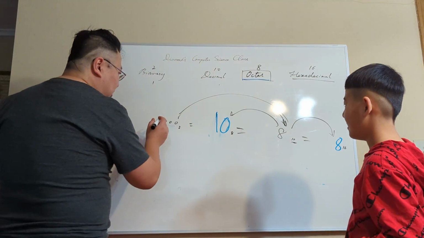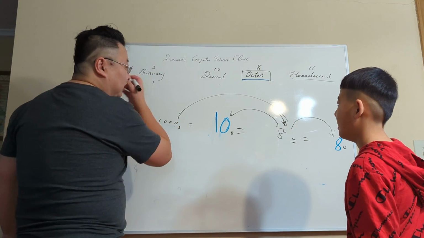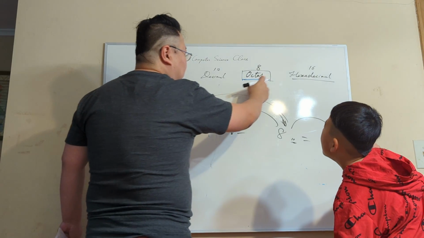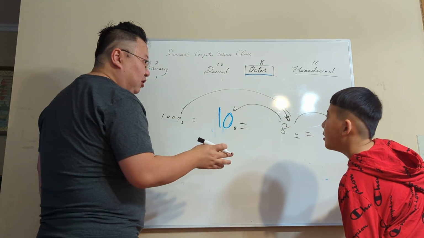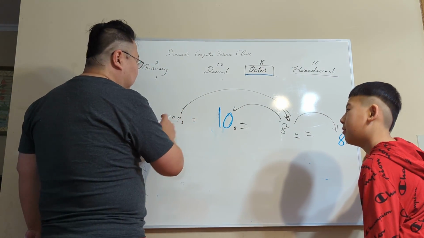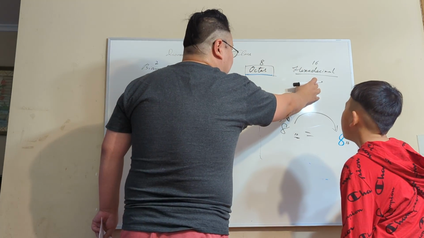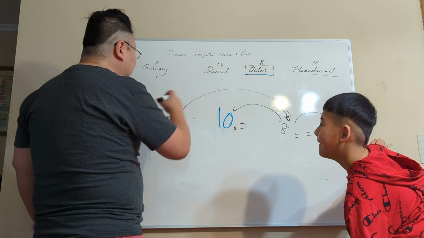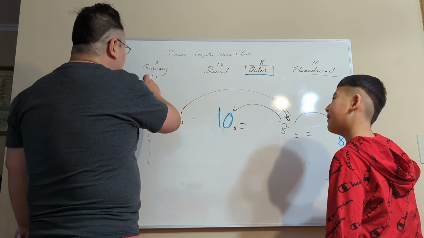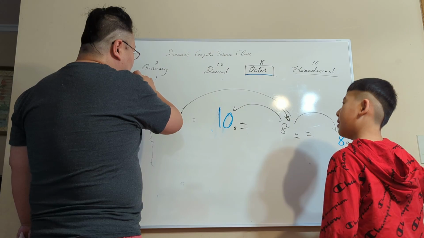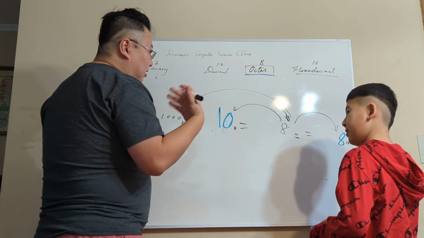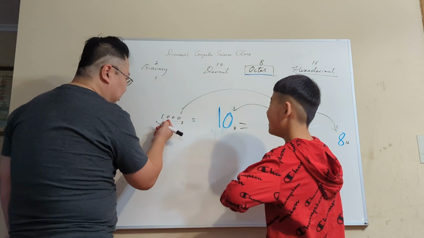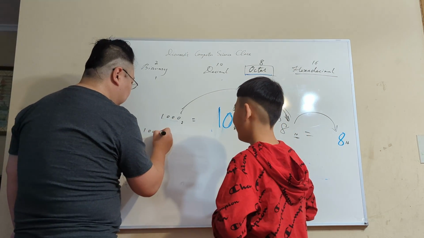As I told you, the reason we import octal and hexadecimal is that they make it easier for us to present the numbers that a computer easily understands in binary. So we can group the bits.